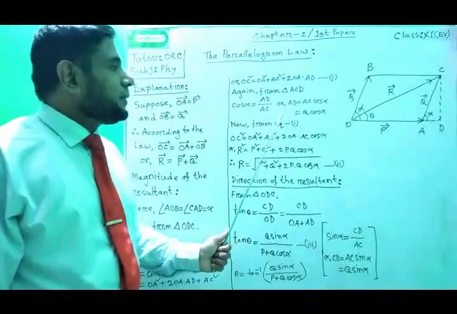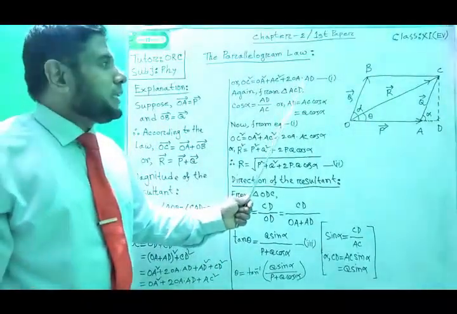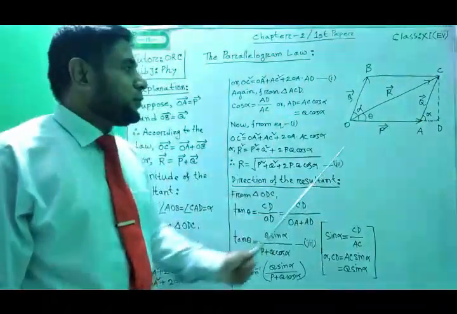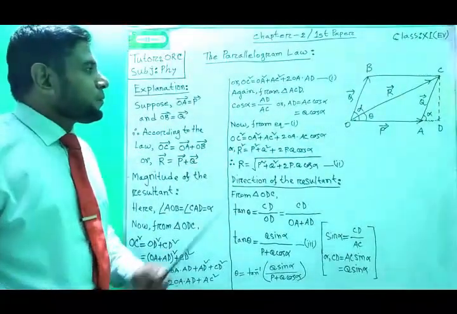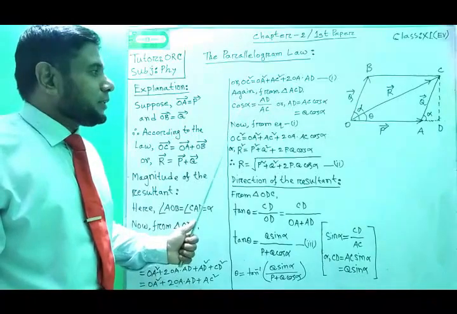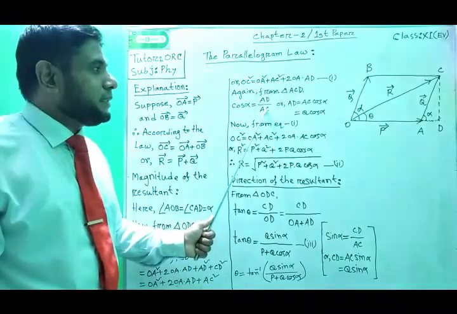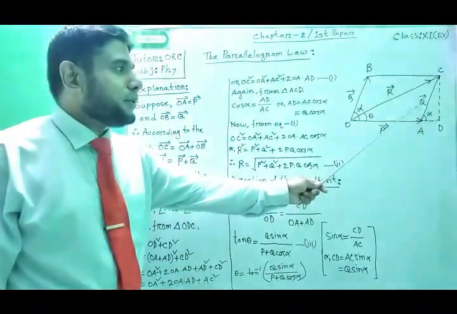So, as we need AD, that AD is the base. According to the trigonometric law, cos alpha equals AD divided by AC, base divided by hypotenuse.